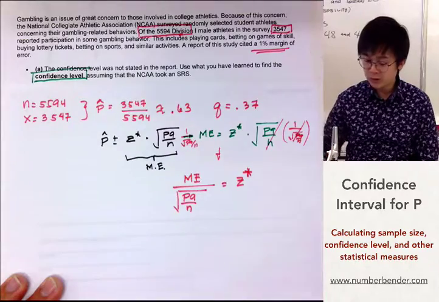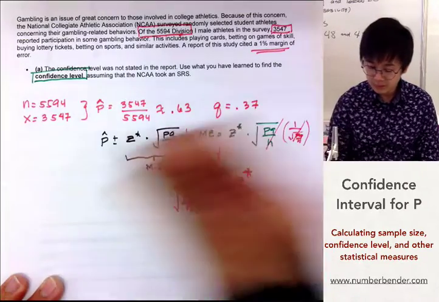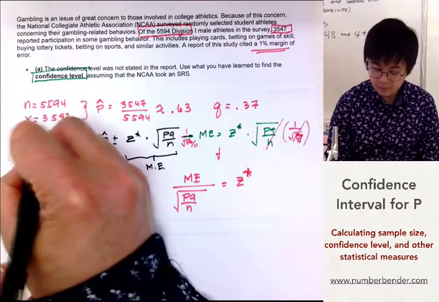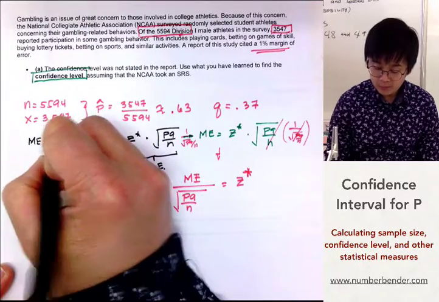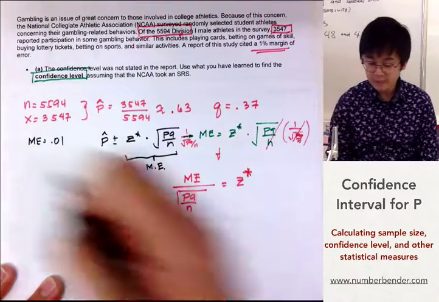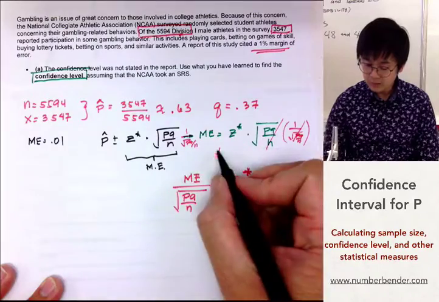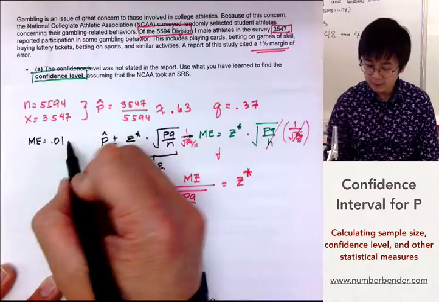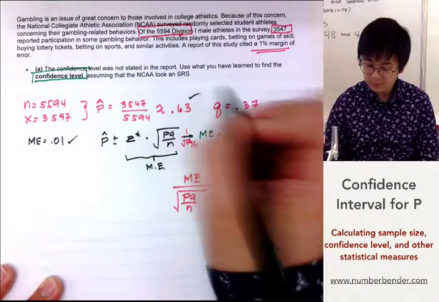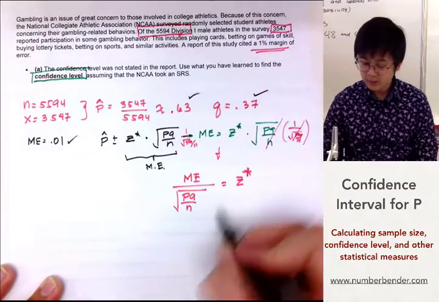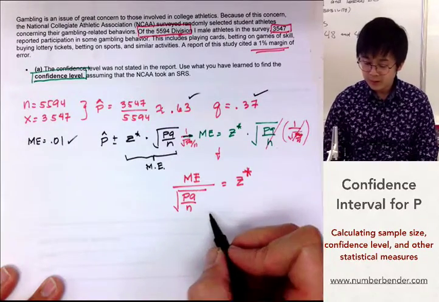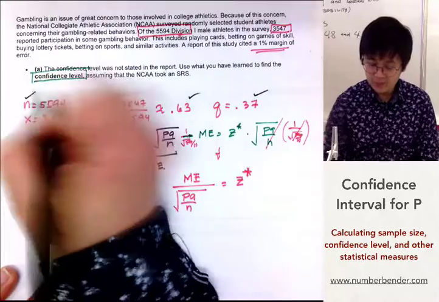So by substitution, margin of error is given by 0.01, we have 1%, and we're going to be using ME, P, and Q in our formula, and the value of N as well.